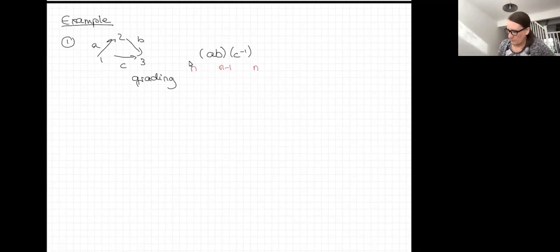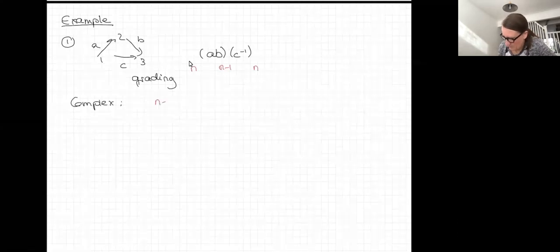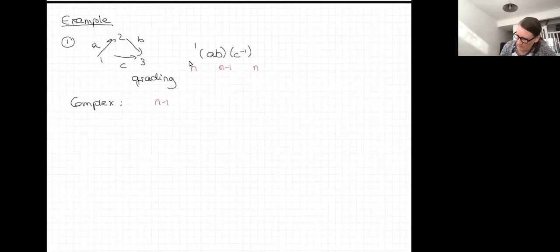And now we can construct the corresponding string complex. So we get the complex, which has in degree n-1... Maybe what is also helpful is to see where the string starts. So this is the vertex 1, here we have the vertex 3, and here we have again the vertex 1.